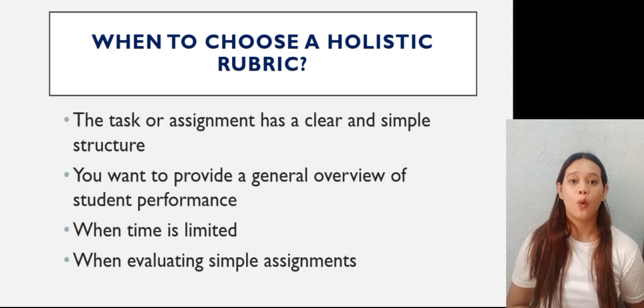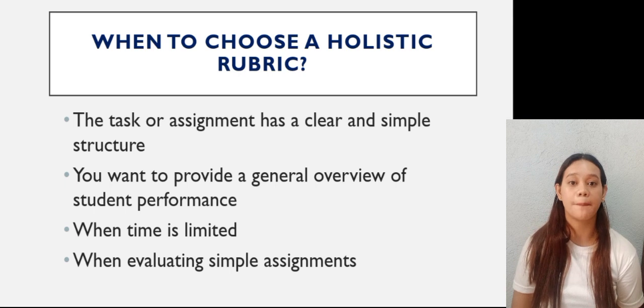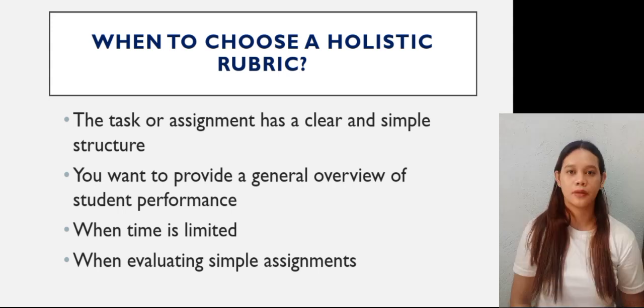The next one is when time is limited. A holistic rubric can be completed more quickly than an analytic rubric because it does not require the evaluator to assess multiple criteria separately. This can be helpful when time is limited or when a large number of assignments need to be evaluated.